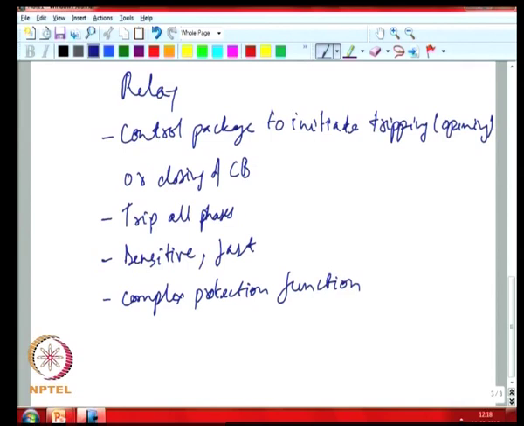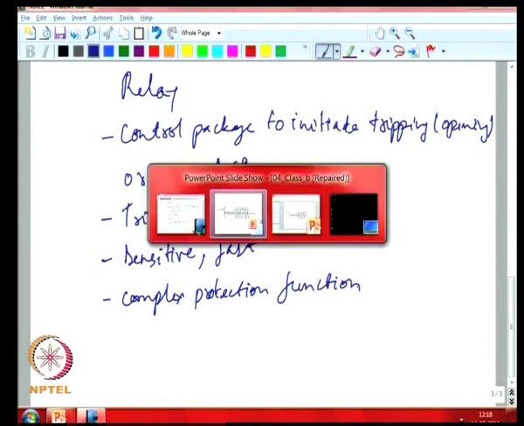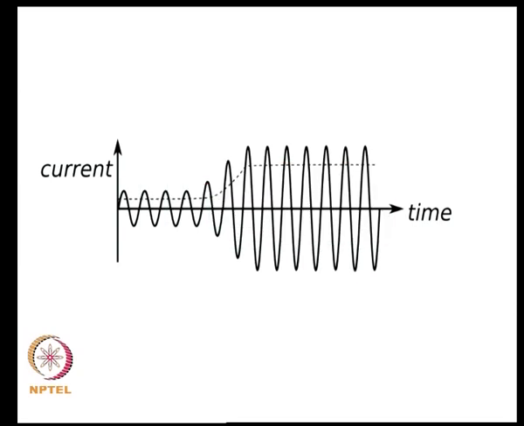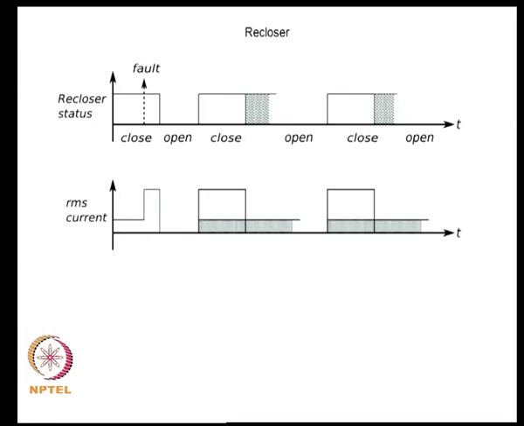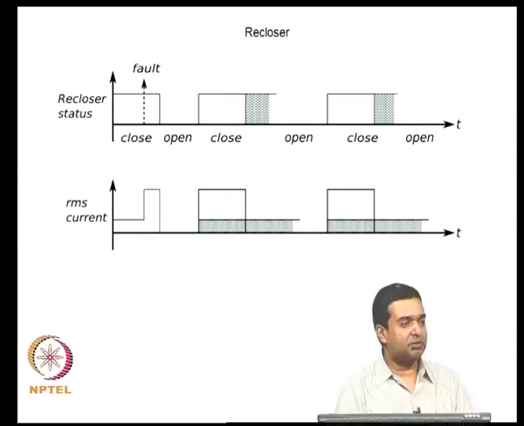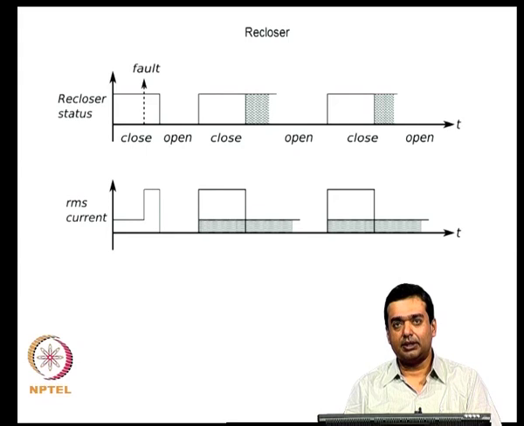So, if you look at another protective device which could be used in a distribution system, one can think about, say, a recloser. Essentially the idea behind a recloser is that a large number of faults are temporary.